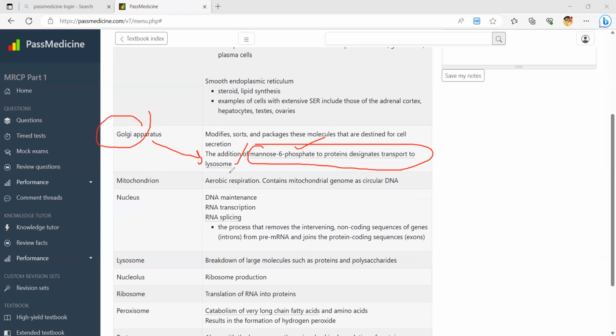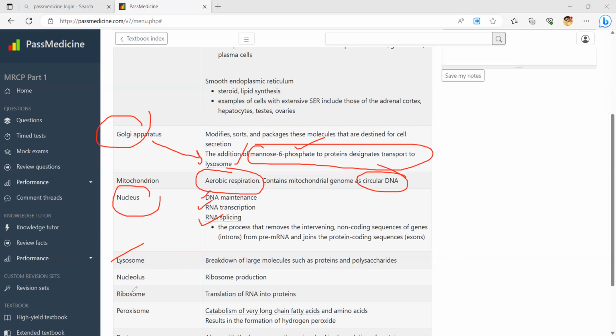And mitochondria is related with aerobic respiration and contains the mitochondrial genome as a circular DNA. The nucleus functions in DNA maintenance, RNA transcription, and RNA splicing. Lysosome is the breakdown of large molecules such as protein and polysaccharide into smaller molecules in our body.